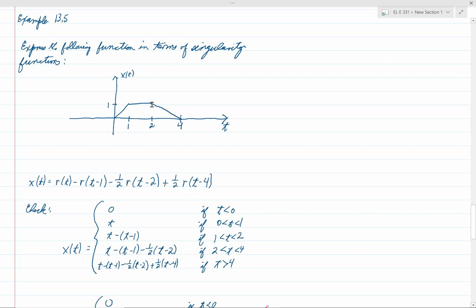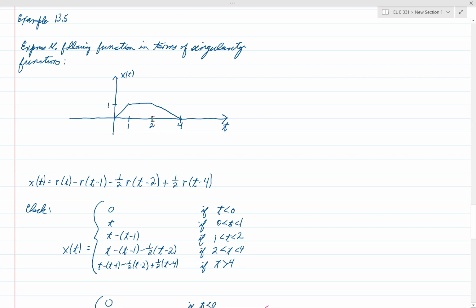Then once we get to t equals 2, I want this to start sloping down. But notice that this slope is not as steep as this slope. In fact, let's see what this slope is. It goes down 1 unit, so it has a vertical change of negative 1 over a horizontal change of 2. So the slope is negative 1/2 here. So I have a negative 1/2 r of t minus 2.